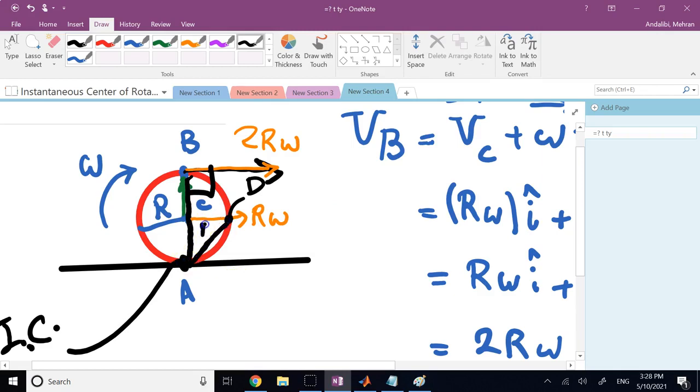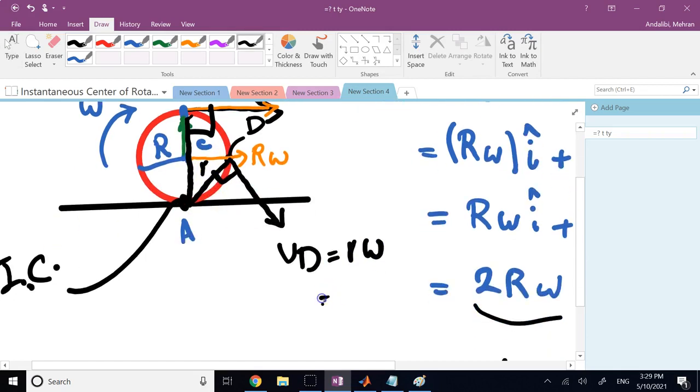Whatever this R is, multiplied by omega to get the velocity of the point, and direction of it is perpendicular to this line. The direction of it is determined by omega. Now, how much is this R? Clearly, you know, it's R and R, so it's R square root 2. And that's what you get. Done.